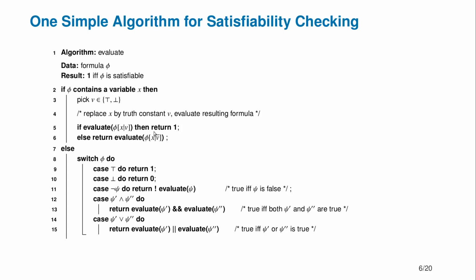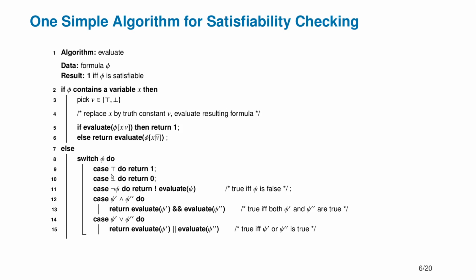And again we evaluate the formula which is modified in the sense that the variable is replaced by this negated truth constant, and then it returns the value that is found during this evaluation. And if the formula does not contain any variables anymore, then what does it do then?